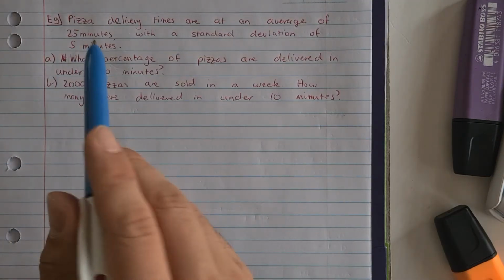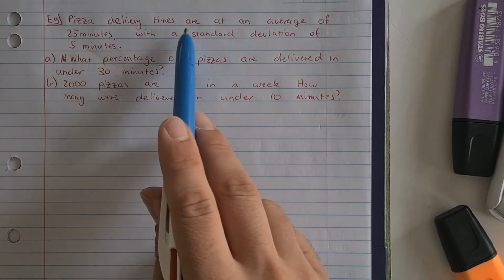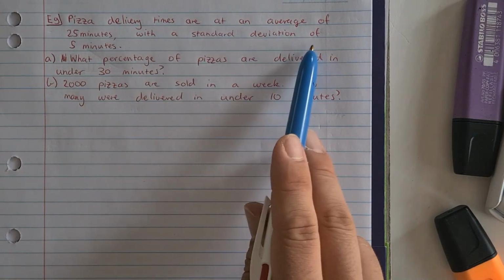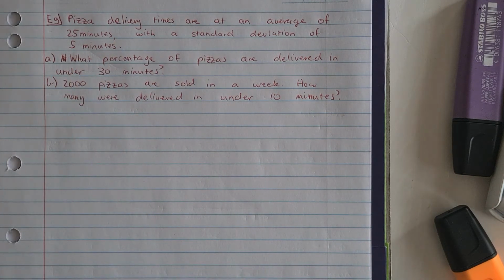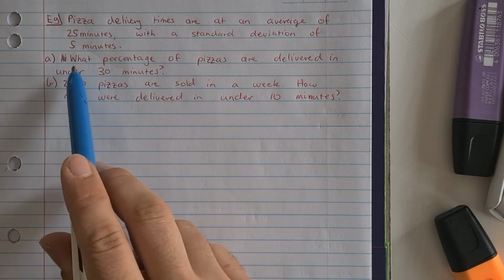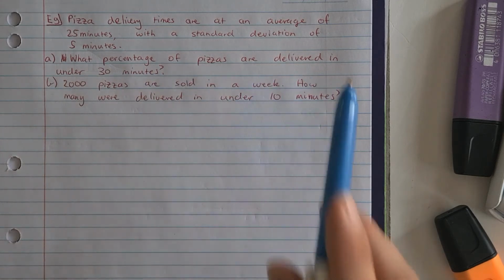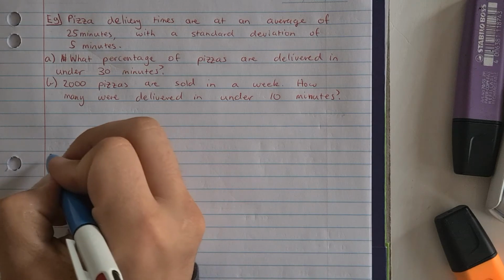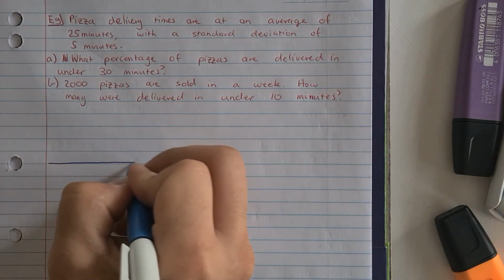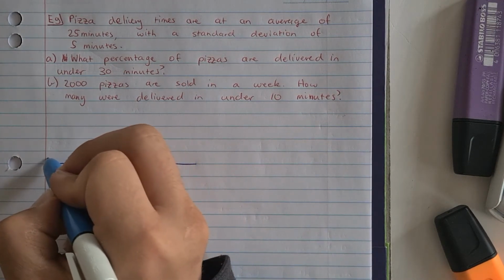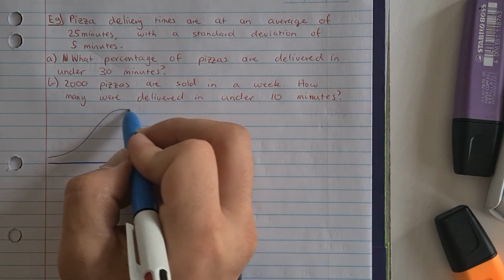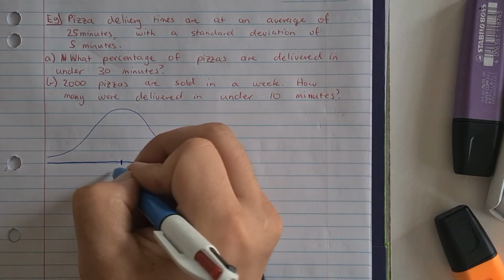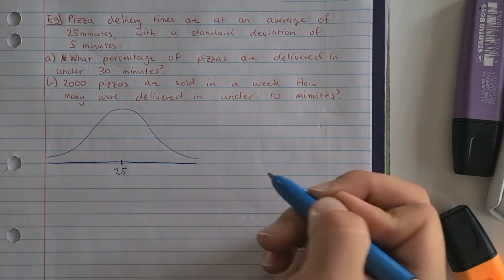So we've got an example here. Pizza delivery times are at an average of 25 minutes with a standard deviation of 5 minutes. Part A asks, what percentage of pizzas are delivered in under 30 minutes? To answer this, I'm going to draw a diagram which is going to help us answer both of these questions. So right in the middle, we've got our mean or average, which is 25.